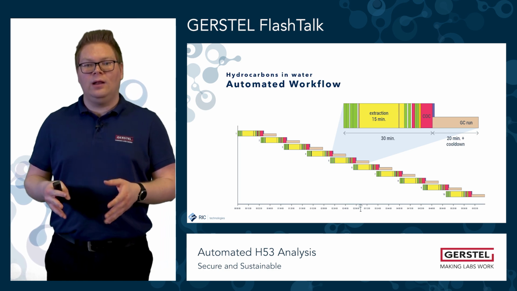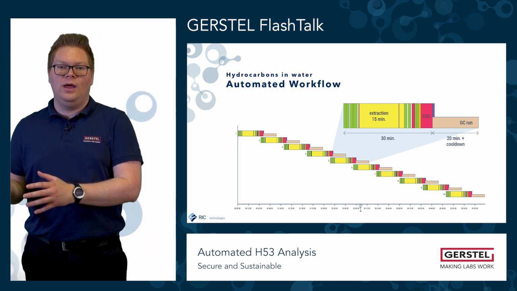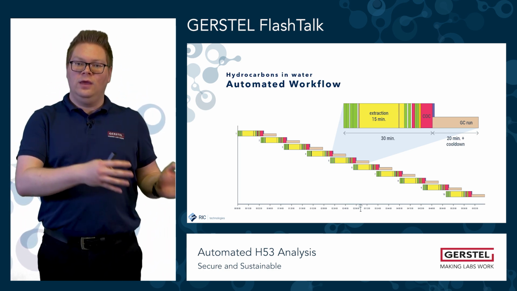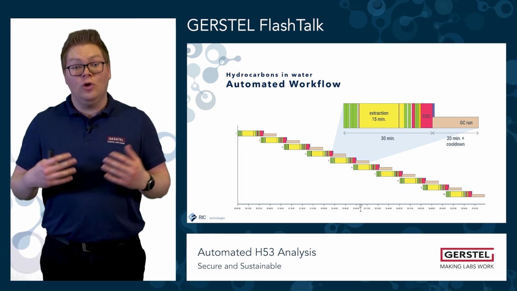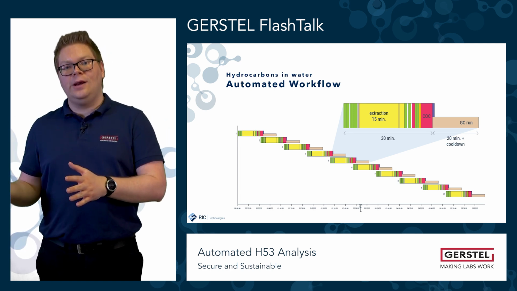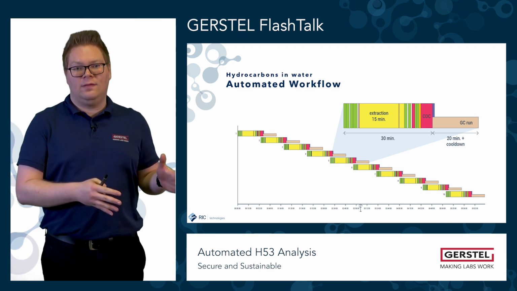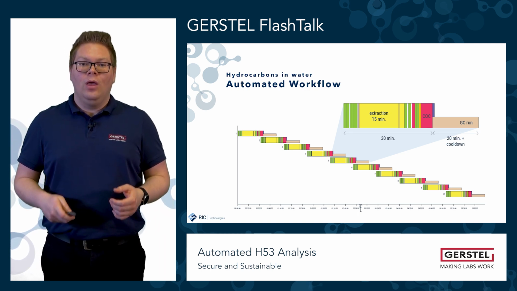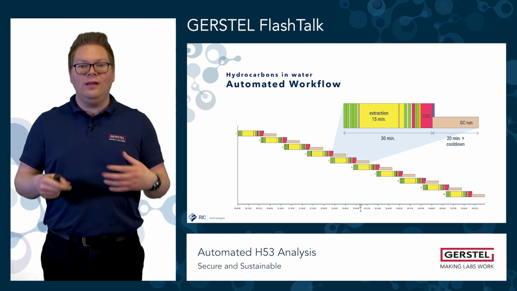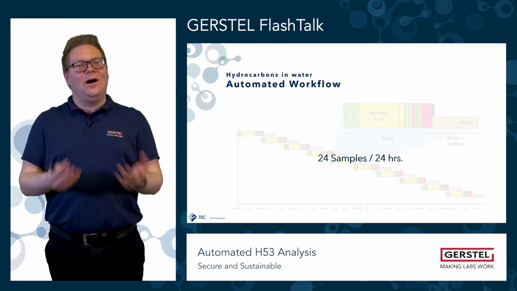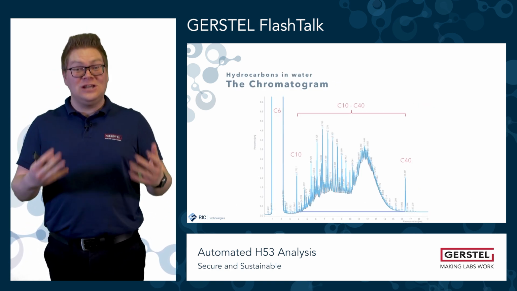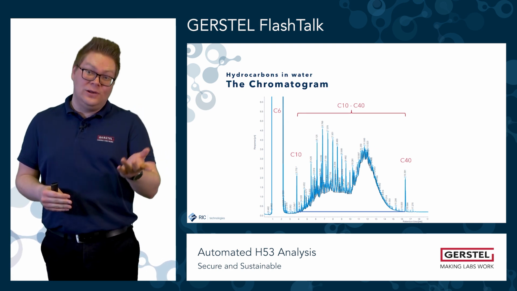Using this directly coupled automated sample preparation with the analysis system gives us the opportunity to overlap the sample preparation steps with the analysis time, and therefore we can analyze 24 samples within 24 hours. A common chromatogram from the H53 analysis looks like this.